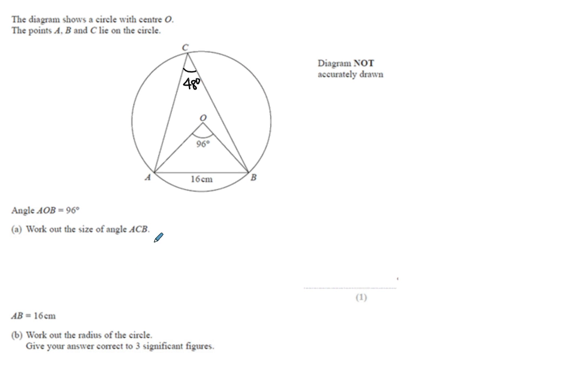And it says work out the size of angle ACB. So we know that's 48. And again, if they asked us for the reason: angle at center twice angle at circumference.